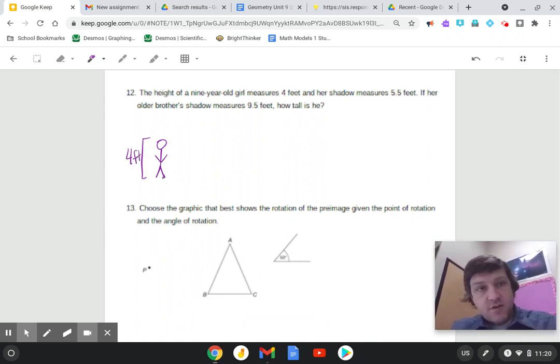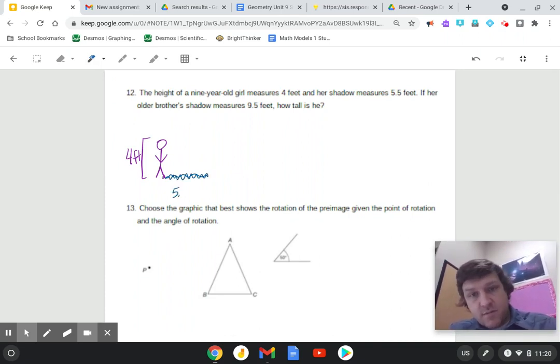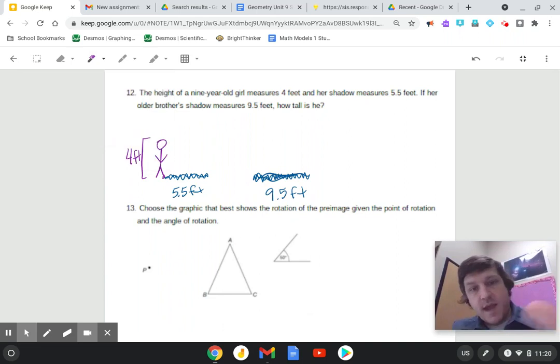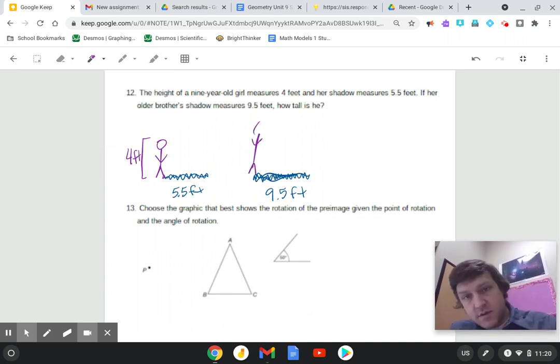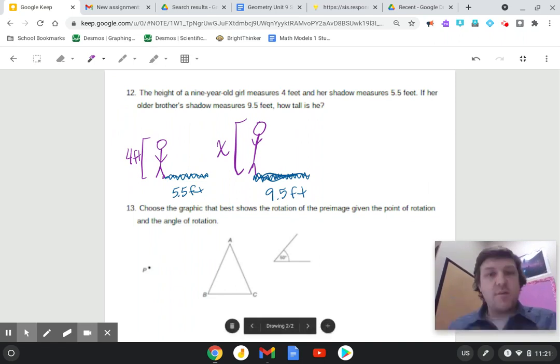And then we have her shadow, let's use another color for that, her shadow is 5.5 feet. And her brother's shadow measures 9.5 feet. And we're being asked, how tall is her brother? So that's the X that we're looking for.